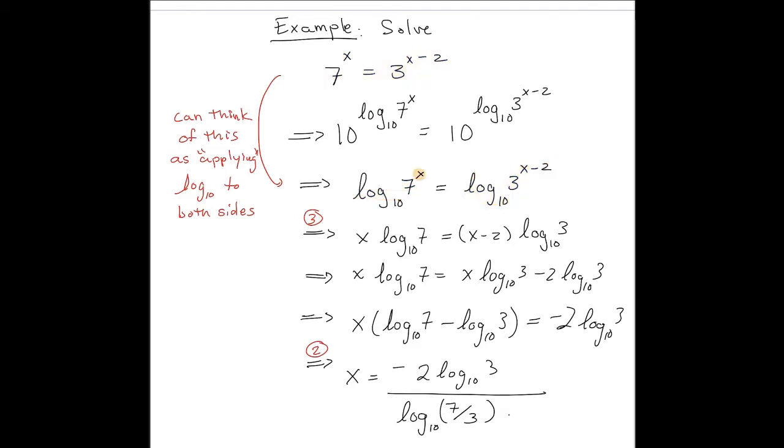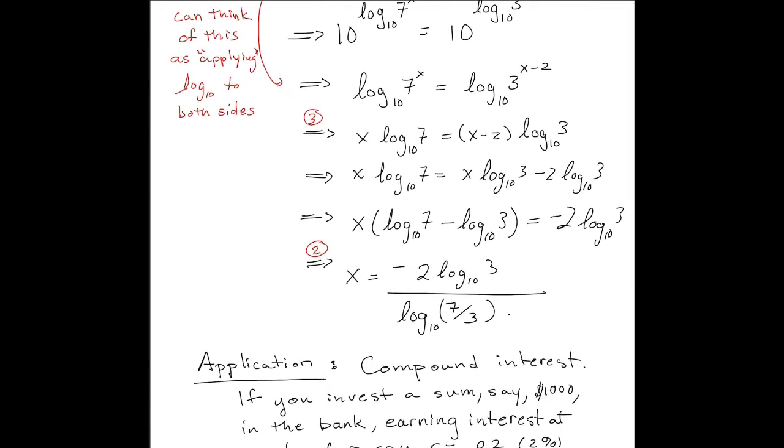So the exponents come down in front using the property of logs, number 3. Then I distribute the log base 10 of 3 into the x and the minus 2. I subtract this from both sides and factor out the common x.